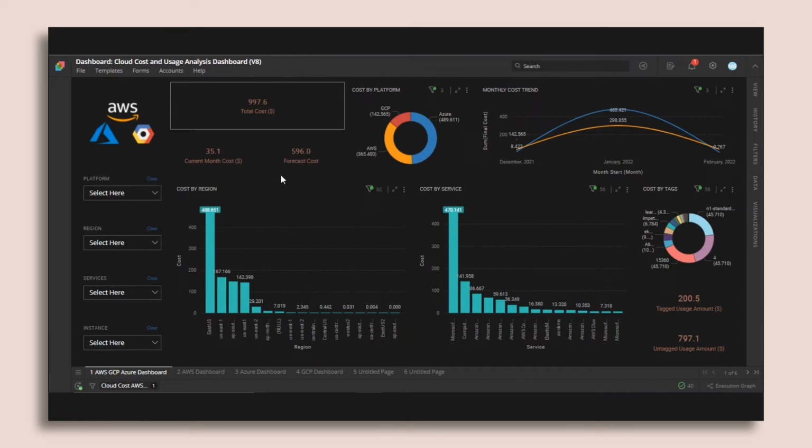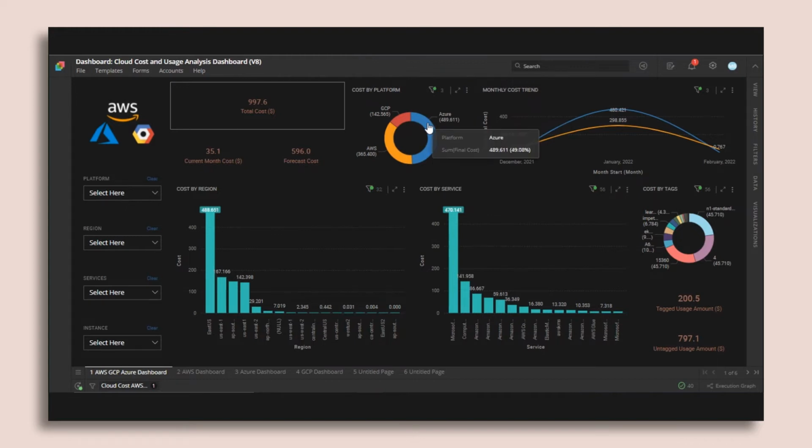You can see right now that we have created a summary dashboard across all three clouds, AWS, Azure, and GCP. It provides us a total cumulative expense till date across the three cloud providers with the current month as well as the forecasted cost across the three.